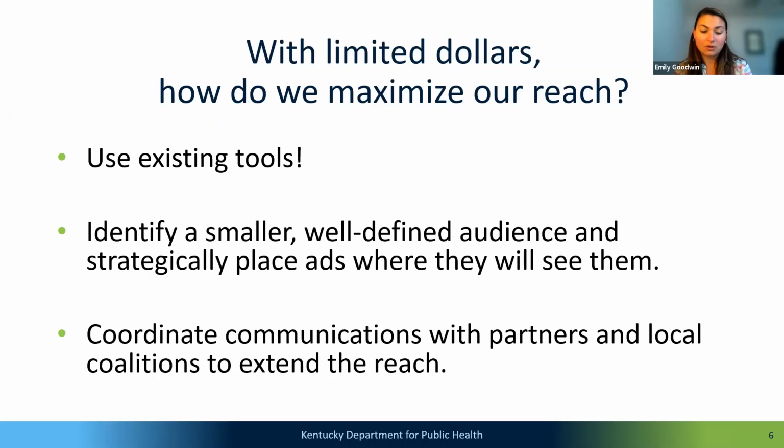And then, of course, you can coordinate communication efforts with partners and local coalitions to extend that reach. So those are really tied together, because I feel like if you do get a smaller, well-defined population, you can use the joint efforts to reach those people where they are. I talk with my hands a lot. And that's really good.